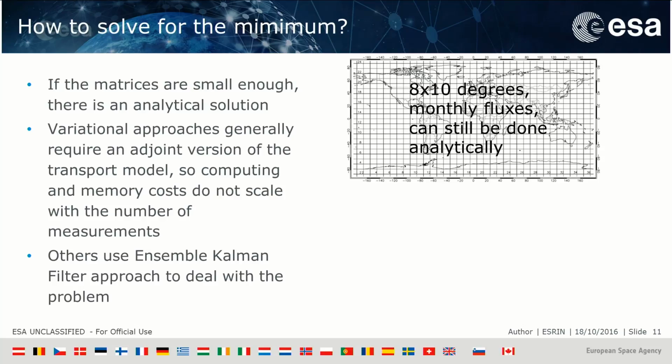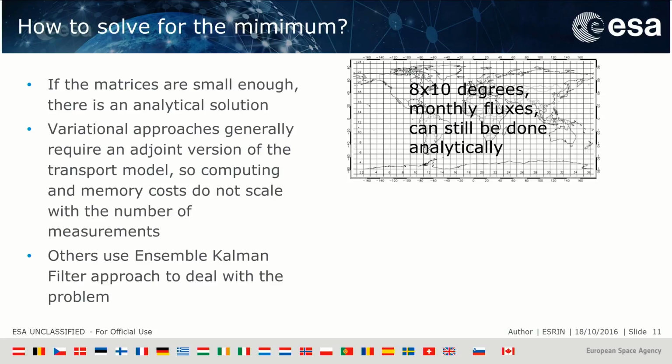And then you move to a variational approach. We heard some more about that yesterday, and I'm sure we're going to hear more. Variational approaches often require an adjoint version of the transport model. I'll talk a little bit in a second about what the adjoint is. The adjoint is kind of like the backwards version of your model. It's useful because in your matrix calculation, your computing and memory costs don't have to be as big as the number of measurements.